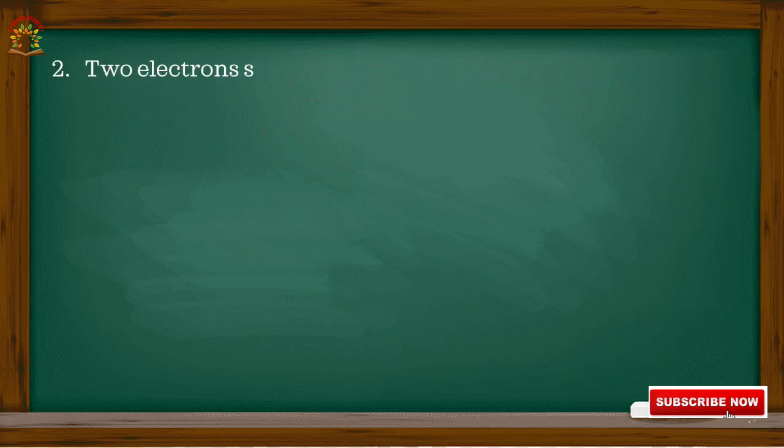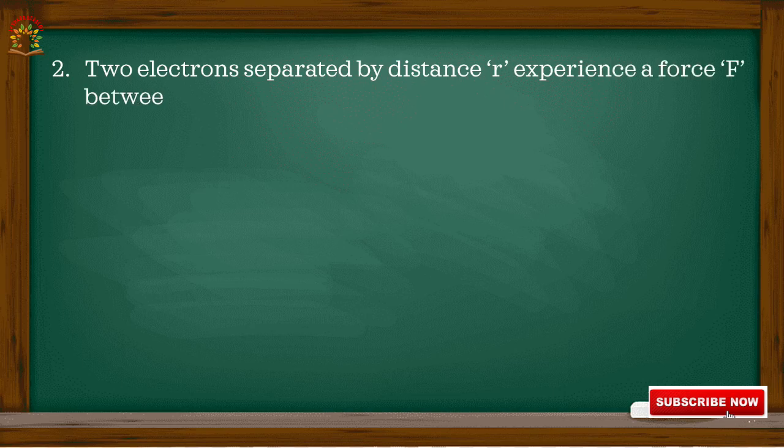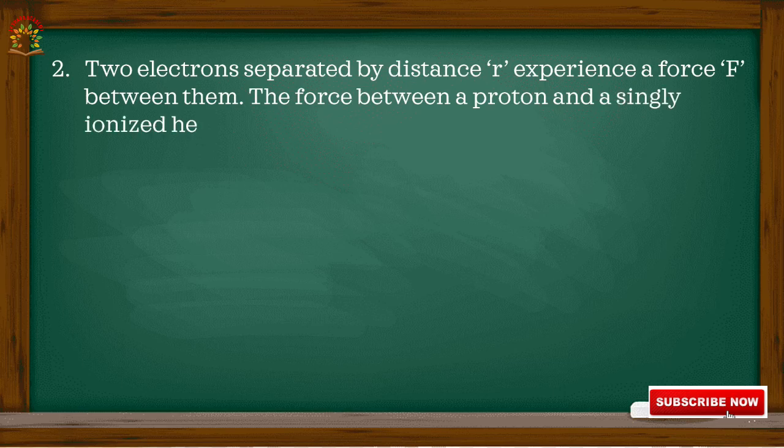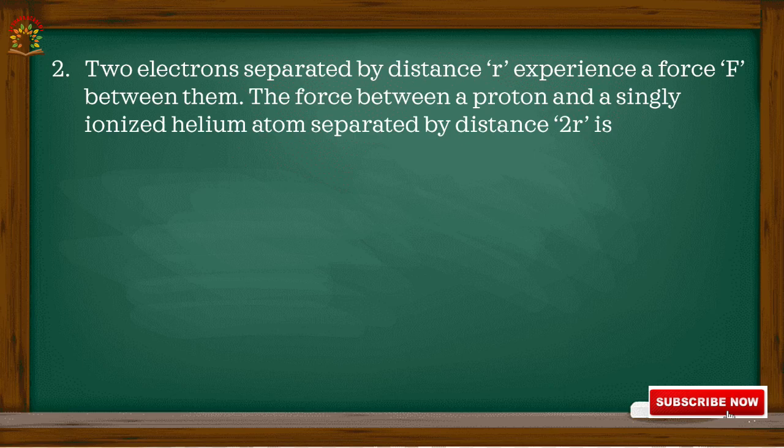In this question, two electrons separated by a distance r experience a force F between them. You have to calculate the force between a proton and a singly ionized helium atom separated by a distance 2r.